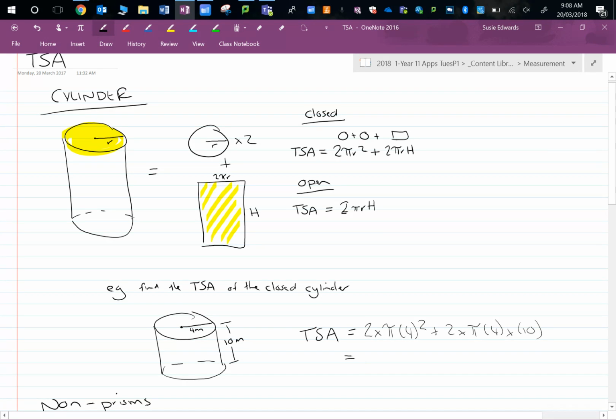Someone got an answer? 351.858. So what would we round it to decimal places? 351.86. Don't round to the nearest unit, round to 2 decimal places. Square meters. Any questions to there?